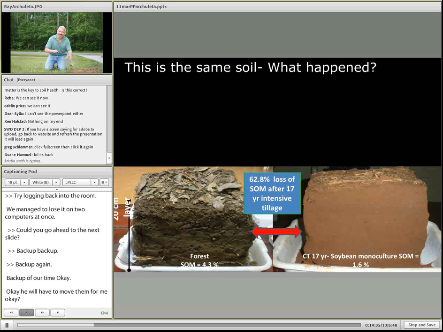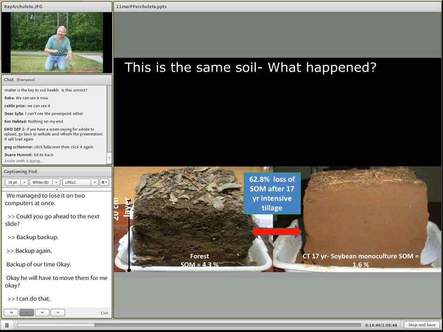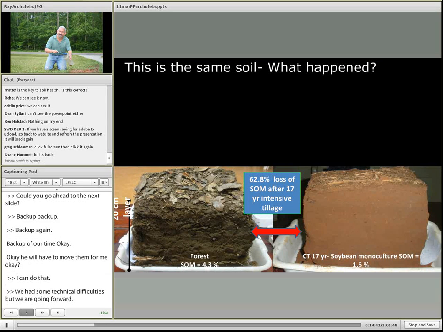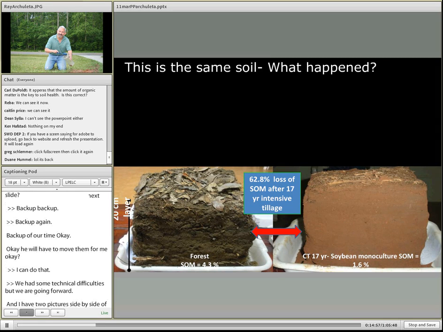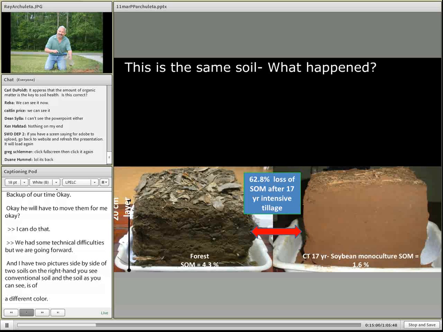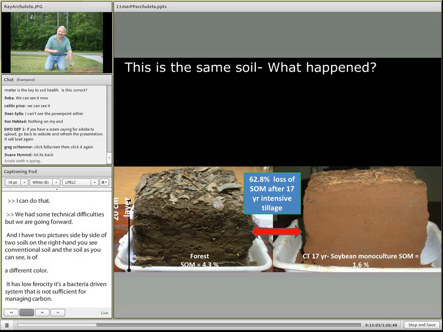We've had some technical difficulties, but we are going forward here. I have 2 pictures side by side of 2 soils. On the right-hand side, you see a conventional soil. This soil, as you can see, is of a different color. It's got low porosity. It's a bacteria-driven system. It's not efficient for managing carbon. The soil on the left has higher CEC, higher percent organic matter, and larger porosity.